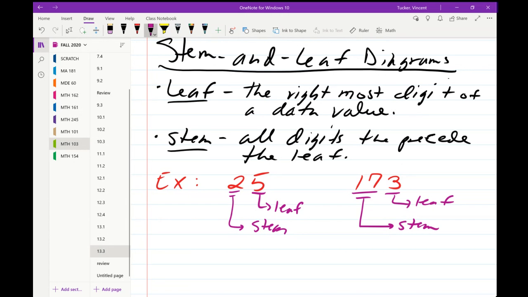So in the number 25, your leaf would be the 5, and your stem is the 2. In 173, the leaf is 3, and the 1 and 7 would be your stem. So once again, your leaf is the rightmost digit, and your stem will be everything that comes before that rightmost digit.